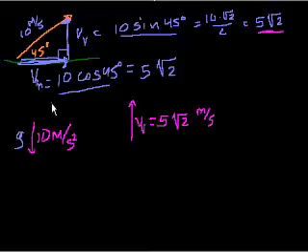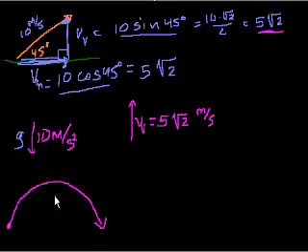A ball that's thrown at an angle will stay up. Well, let's say a ball that's thrown at an angle gets as high as 500 meters. Let's say I throw a ball, and this is the path of the ball. The ball looks like this, right? And let's say the highest point that the ball traveled is 500 meters.